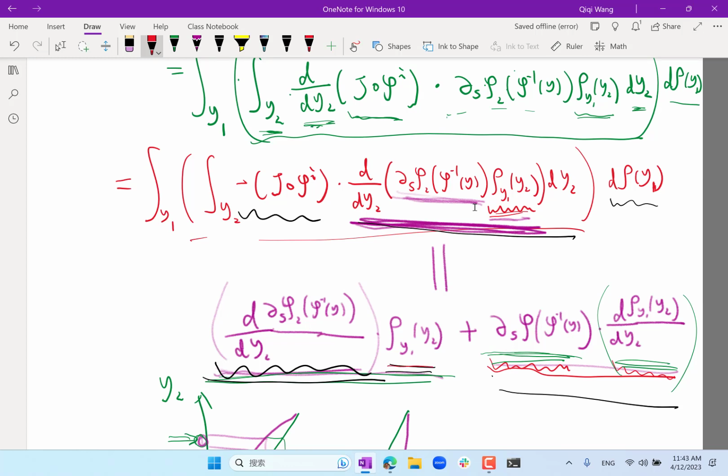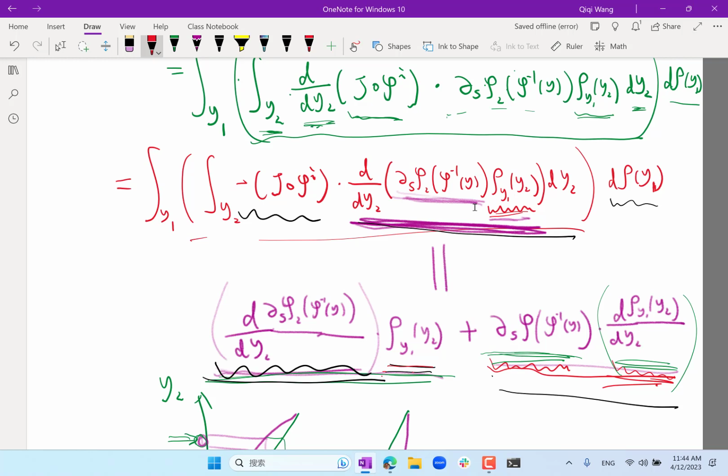The product of rho y2 and rho y1 is the equilibrium measure, right? But since in the second term we no longer have the rho y2, we only have rho y1. So the second term is not a function evaluated over the equilibrium measure.